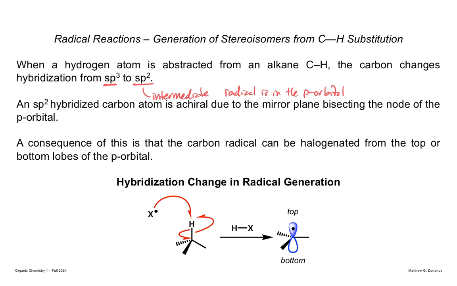So if you can imagine, if you had R1, R2, R3, 3 different substituents, and then that carbon radical abstracts a halogen to become a CX bond, that's now generating a stereocenter.